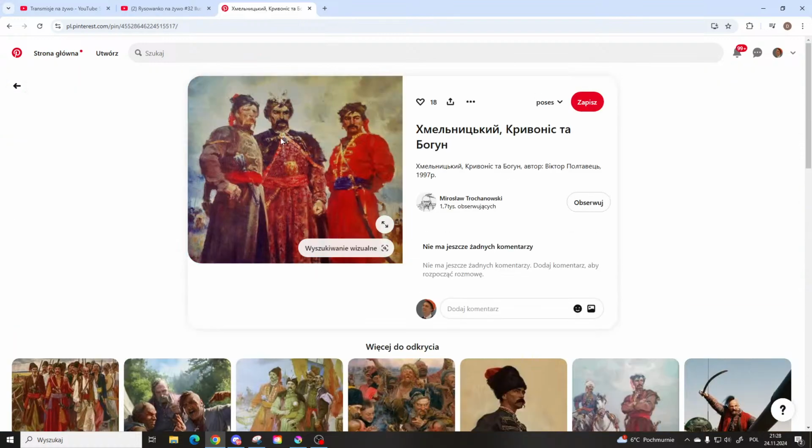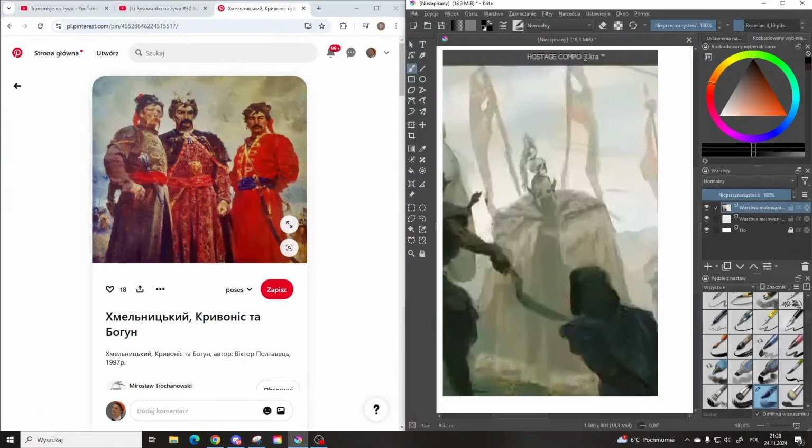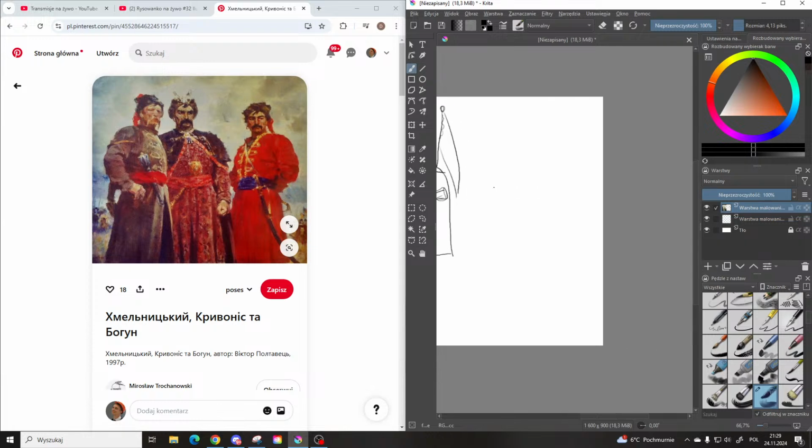Okay, so what I can see here is the outfit is using some interesting shapes. Like he is wearing the cape. I'm making little breakdowns of the outfit of people, but very simplified just to understand what it's made of.